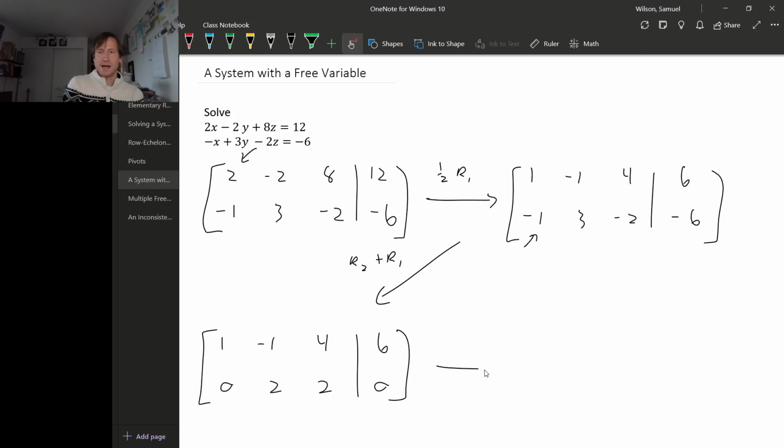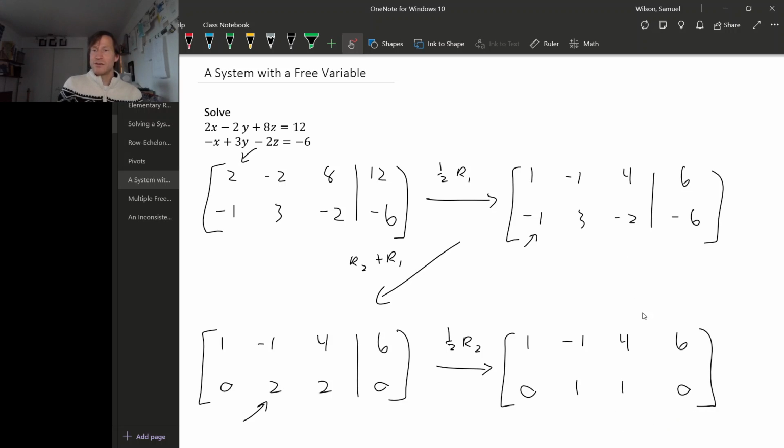Now we need to make this leading 2 a 1. So we need to take the second row and divide it by 2. This doesn't change the first row. First row is still 1, minus 1, 4, 6. And so the second row is 0, 1, 1, 0.